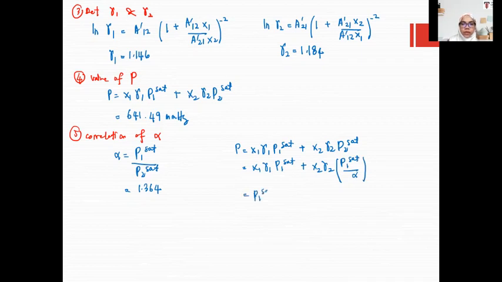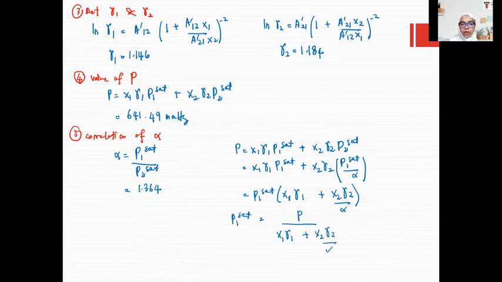So P equals P1 saturation times (X1 gamma 1 plus X2 gamma 2 over alpha), so P1 saturation equals P over (X1 gamma 1 plus X2 gamma 2 over alpha). You can obtain P1 saturation equal to 754.7 mmHg.